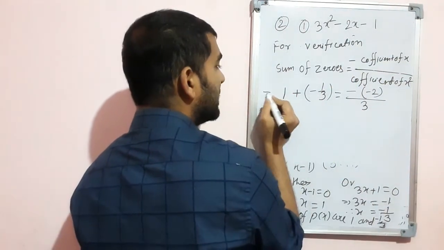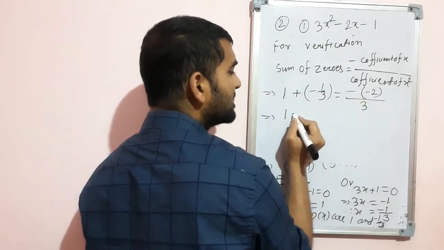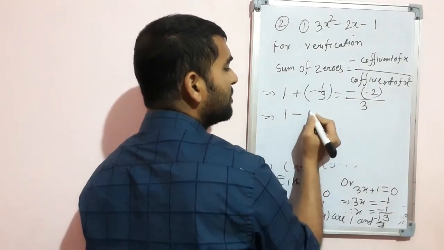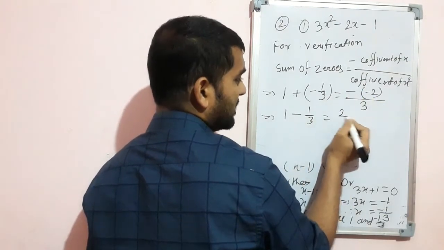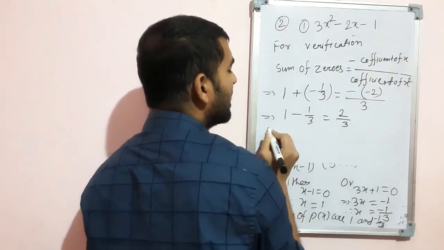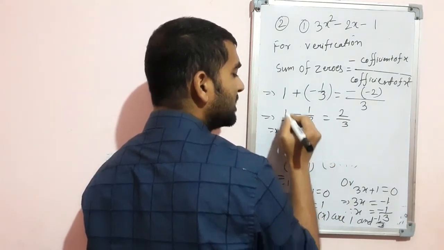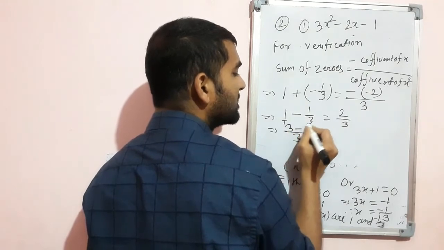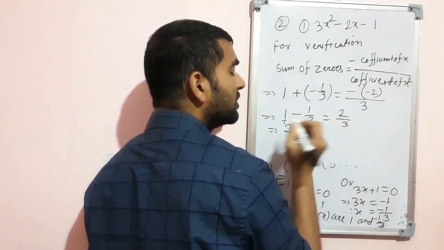Now simplify LHS as well as RHS. So 1 will be 1, plus into minus, minus 1 by 3. Minus into minus, plus 2 by 3. Take the LCM here, 3. 3 divided by 1 gives 3, 3 divided by 3 gives 1. Divide the LCM by the denominator.